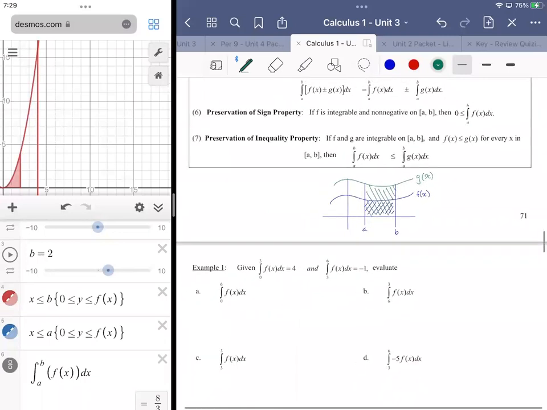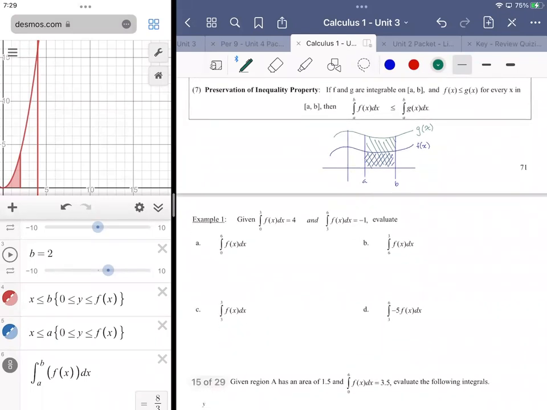It'll never be a situation where you move a function further away from the x-axis, but somehow end up with less area. It never plays out that way. But these problems on the next page involve the fundamental theorem along with the properties. Depending on the information you're given, it could be pretty easy, but sometimes it's challenging because it's a little mind bending.